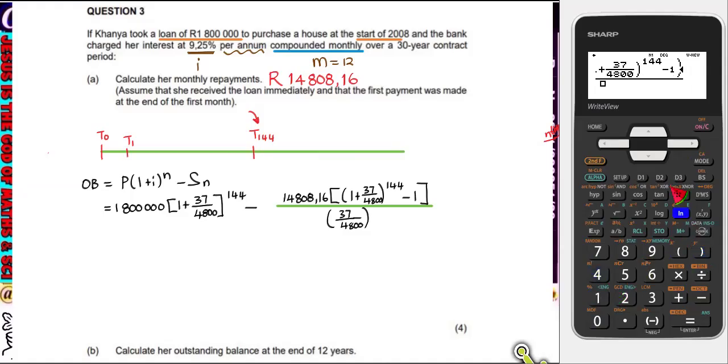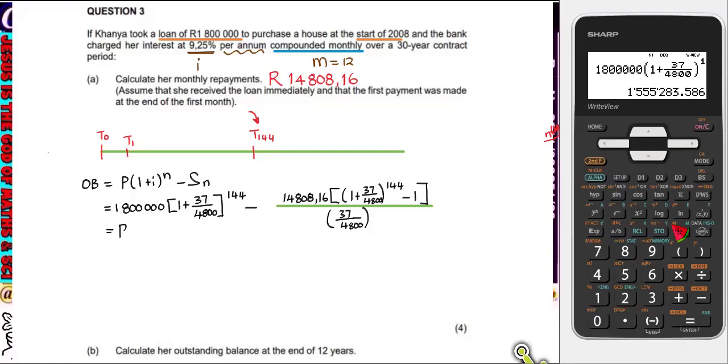Close, go down, open the bracket, 37 over 4,800, close the bracket. Press equal. There is the outstanding balance.